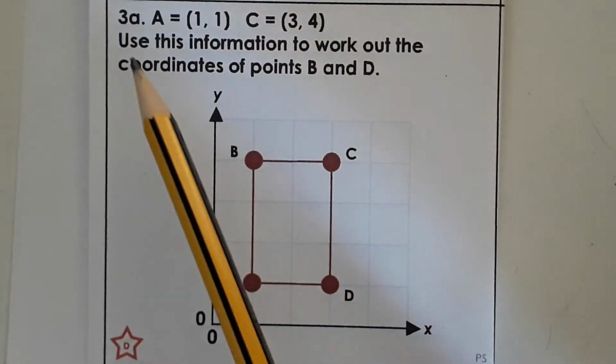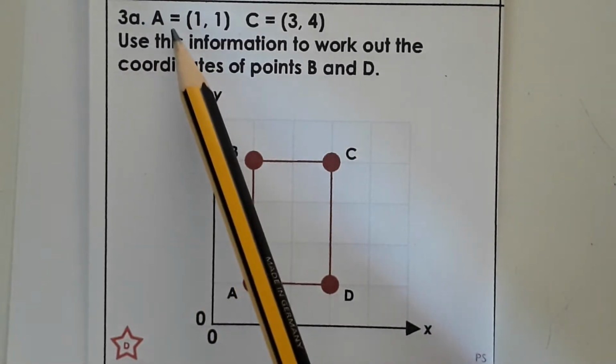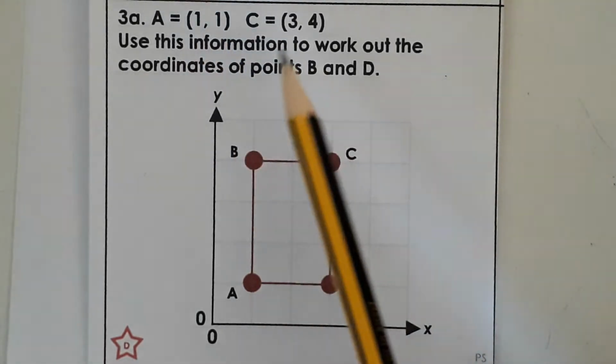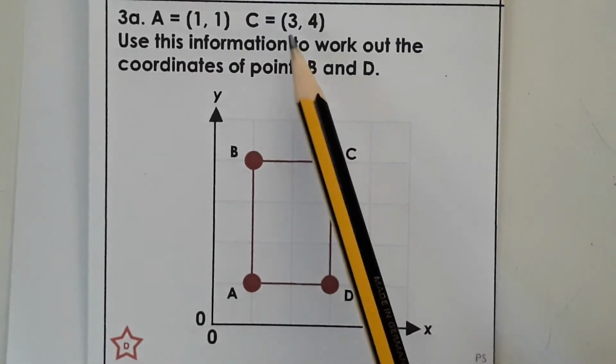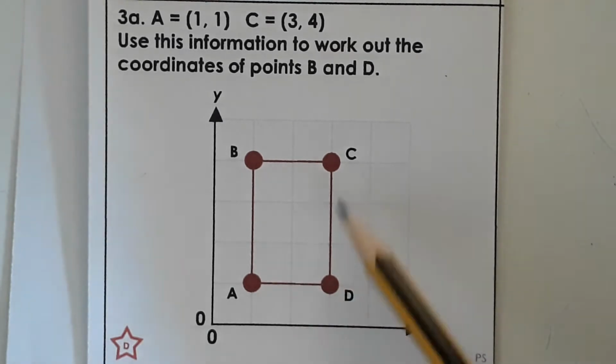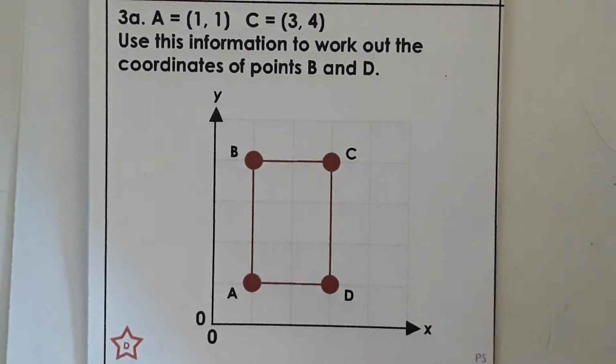Okay, quick look at question 3. It says A is the same as (1, 1). Point C is the same as (3, 4). So if we have a look, (1, 1), and C, which is here, is the same as (3, 4).